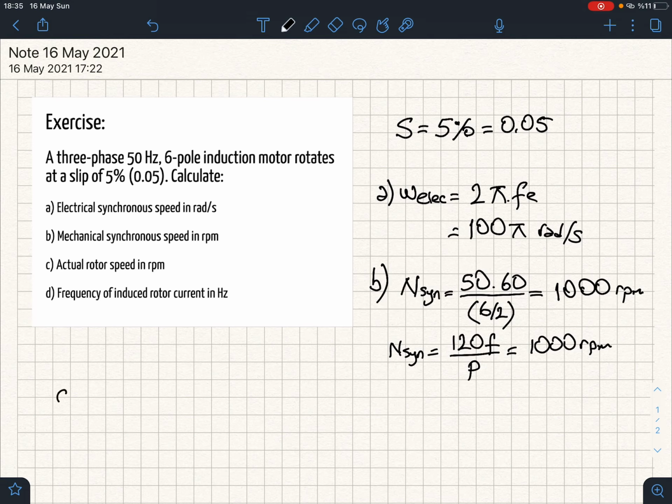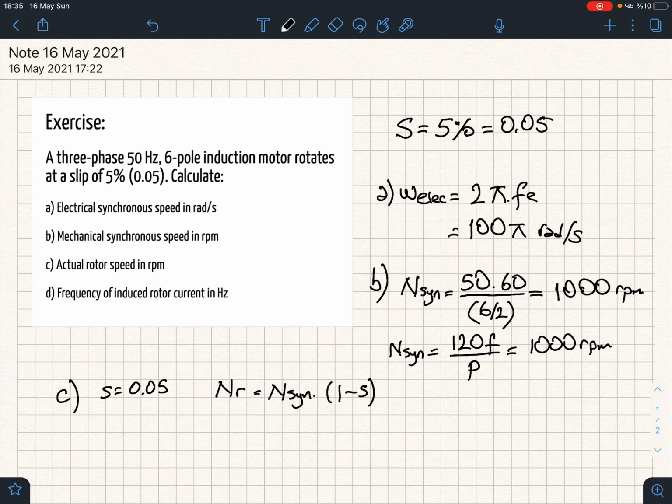Then C is the actual speed in rpm. The slip is equal to 0.05, so I can calculate the rotor speed as the synchronous speed times 1 minus s.